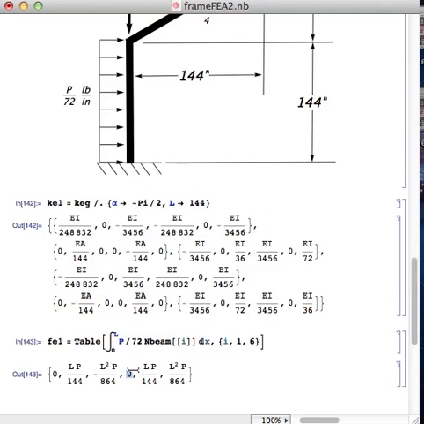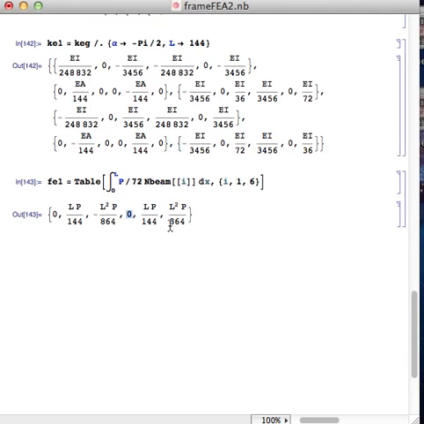But again, this was formulated in the local coordinate system, which has X going up and W going this way, right? We need to rotate that into the global coordinate system. So the way we do that is we use our transformation matrix that we defined last time.